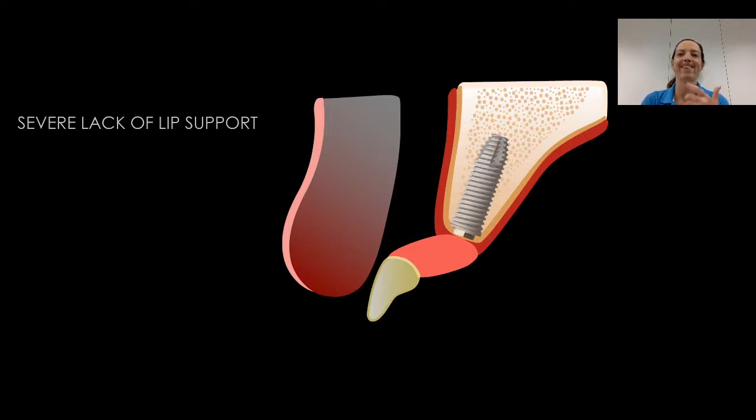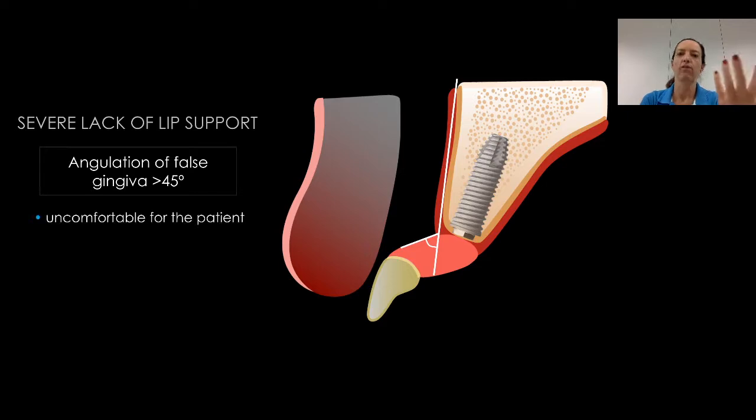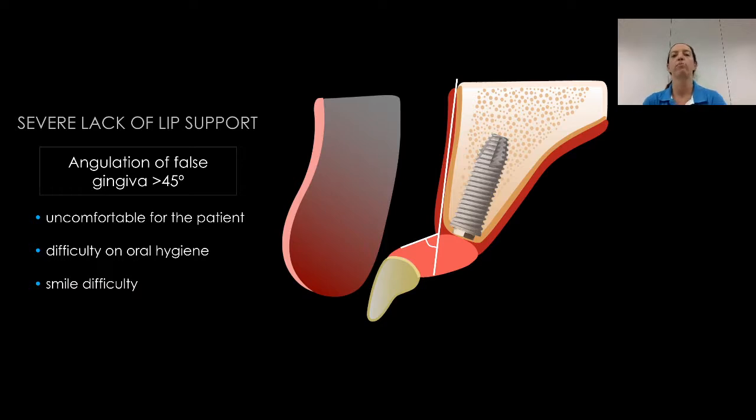"No, doctor, it's because it's very hard to take my lip from that part. It's always stuck there." So it's very hard for the patient to smile, it's hard to have good oral hygiene, it's very uncomfortable. So this angulation between the natural gingiva and the artificial gingiva should be less than 45 degrees.